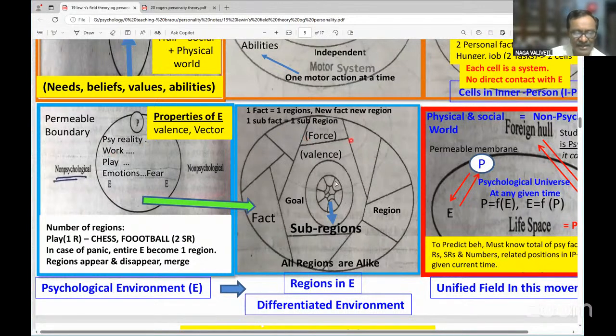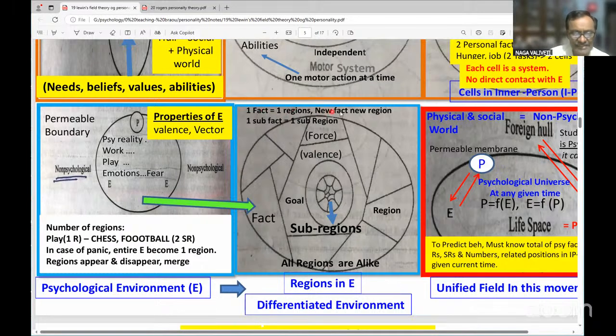For a task of work, one region is created. For example, this is the work region. In this, I have to do four or five activities, or two activities. For that, sub-regions are created. For one game, chess and football, one region is created, and two sub-regions, SRs, will be created in it.